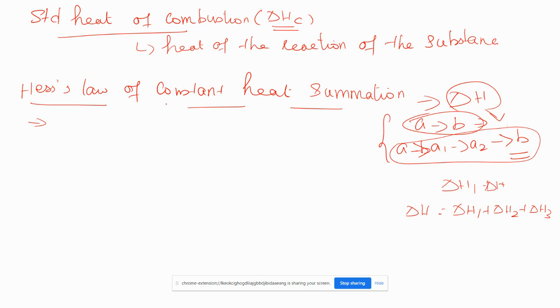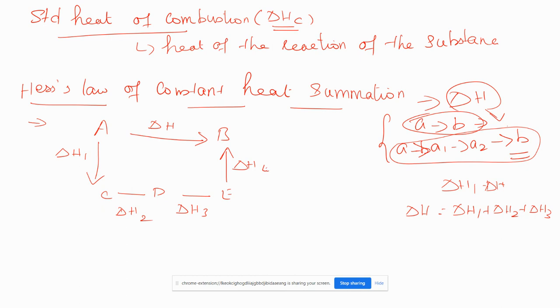Now we are going to look at a derivation. According to this, A gives B, and then A gives C, C gives D, and D gives E, with del H1, del H2, del H3, del H4. Actually, A gives B is a single step.